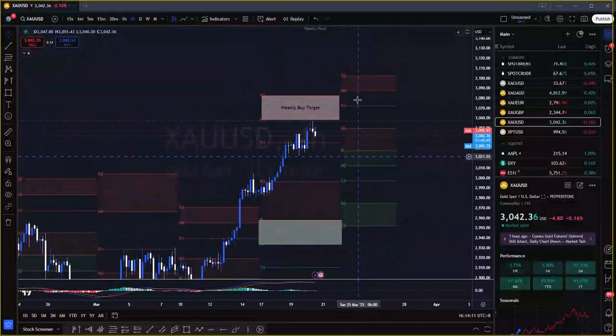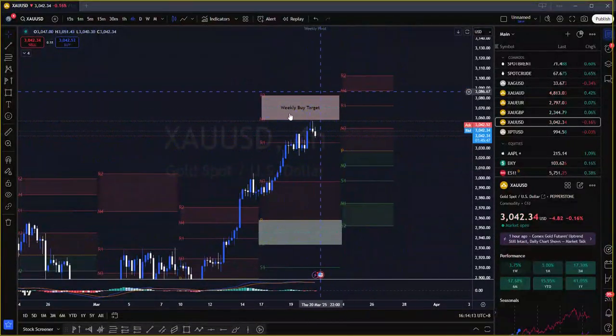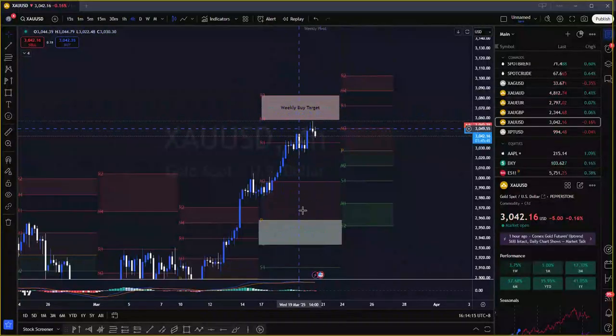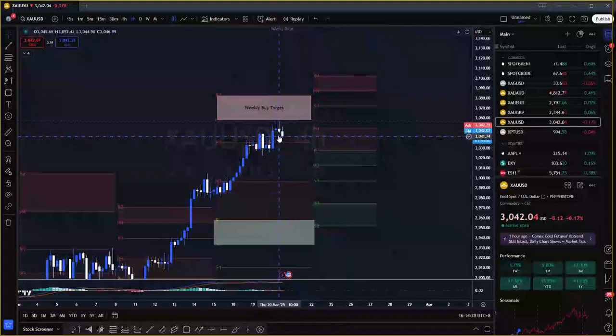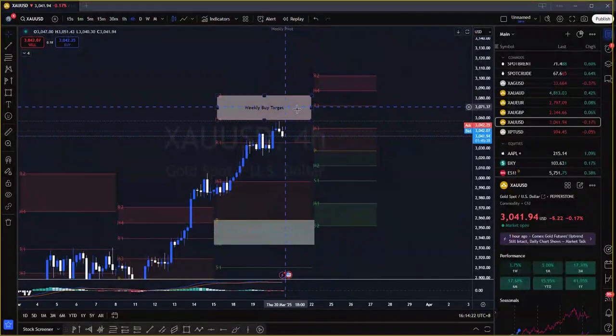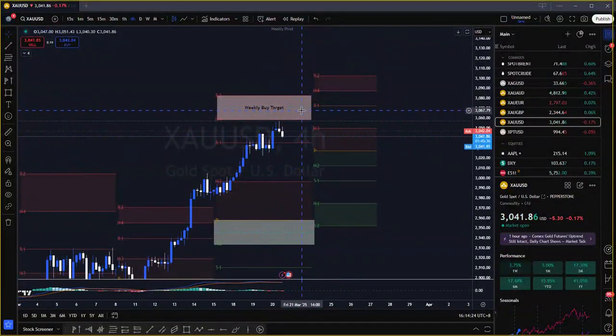And so your analysis comes down to the low time frame. And once we get into this, we have the zones highlighted, right? And we are looking for that final push into this area here for that weekly buy target.